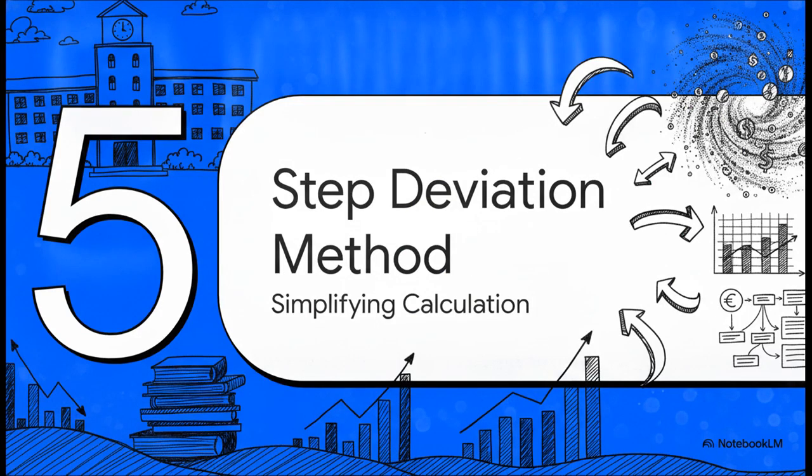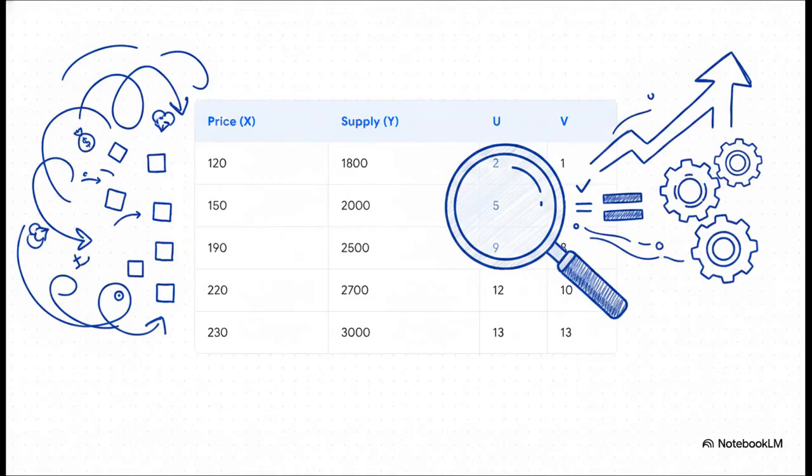Section 5. The step deviation method, simplifying calculation. But what happens when our numbers are absolutely massive? It's one thing to calculate a few years of schooling, but what about tracking huge national economic data? Well, because we know from earlier that the coefficient R is completely unaffected by scale, we can use a clever shortcut called the step deviation method.